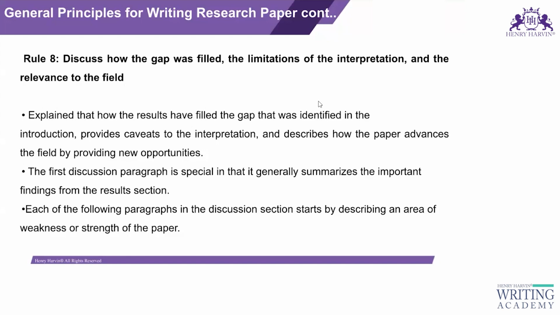Then each of the consecutive paragraphs written in the discussion section starts by describing what is the strength of the paper and what is the weakness of the paper. So generally when you are writing this, first write the strength of the paper, and after that you can write the limitations of the paper. If you only explain the strengths and do not write about the limitations, that will be biased reporting.